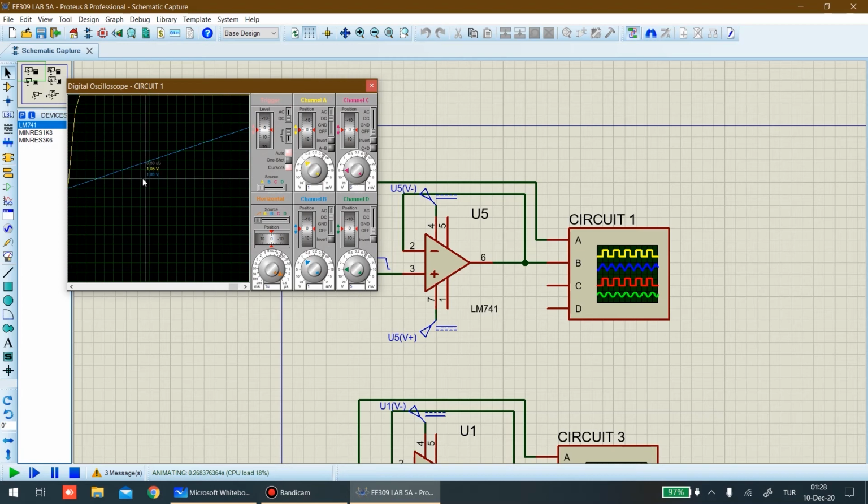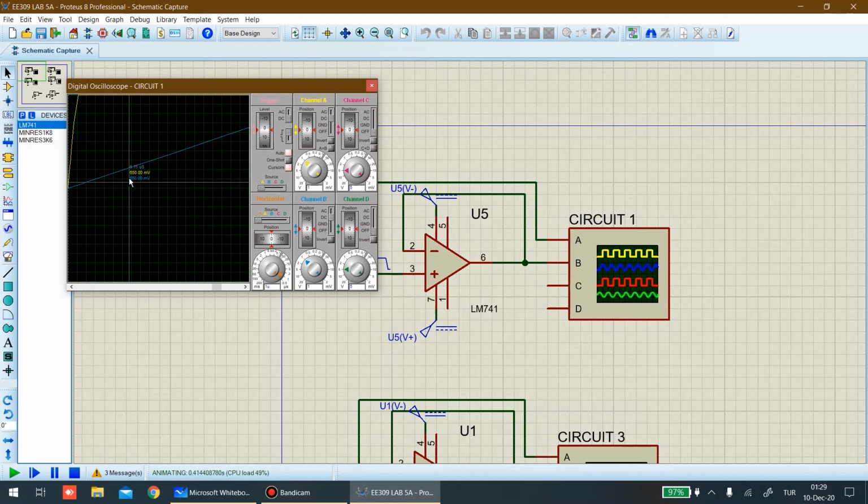Each square is equal to 1 volt vertically, and time div is 1 microsecond. So each square is equal to 1 microsecond horizontally.